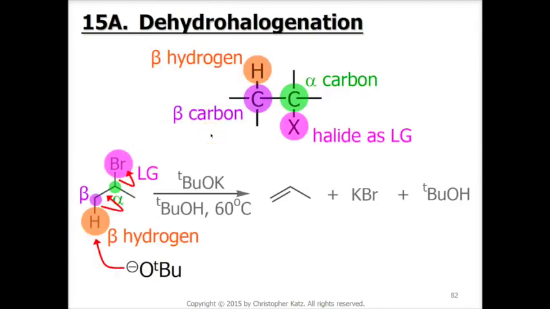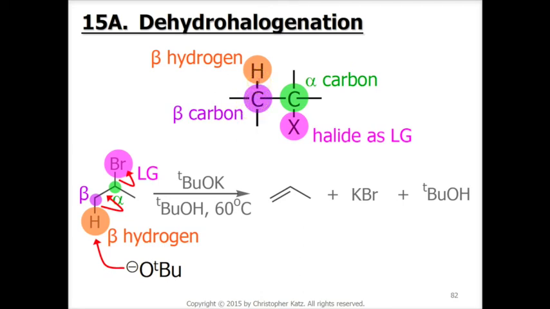One thing we have to know how to identify is the locations of these important species to do this chemistry. The protons to be abstracted or pulled must be beta hydrogens. Beta means, so here's the alpha carbon. The alpha carbon is the one that has the leaving group on it. Right next to it is a beta carbon, and that beta carbon should have beta hydrogens on it.